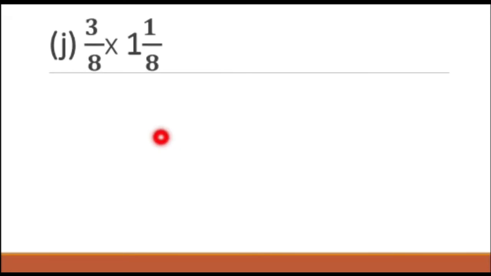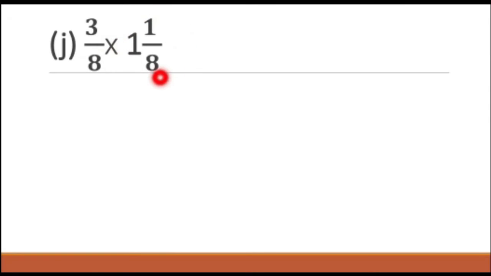Now J, 3 by 8 multiplied by 1 and 1 by 8. So dear students, here you know well that this is a mixed fraction, and we have already converted mixed fractions into improper fractions, right?